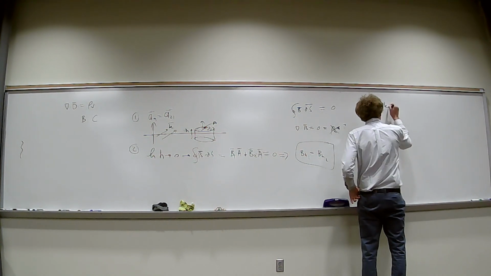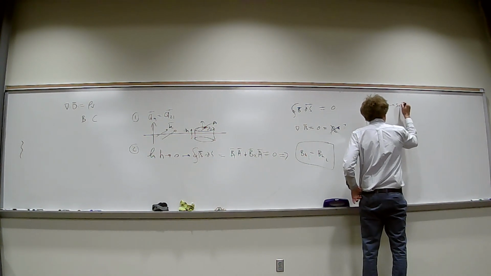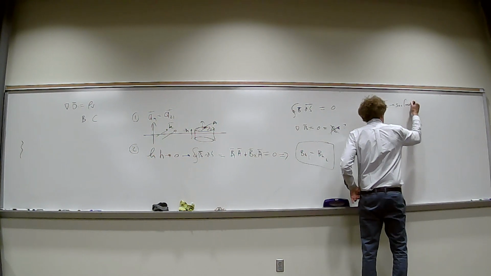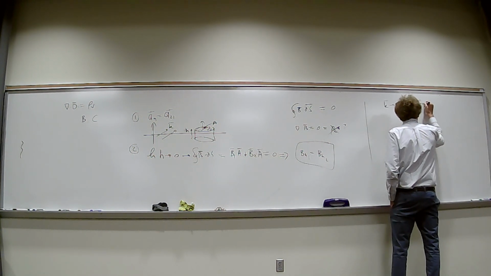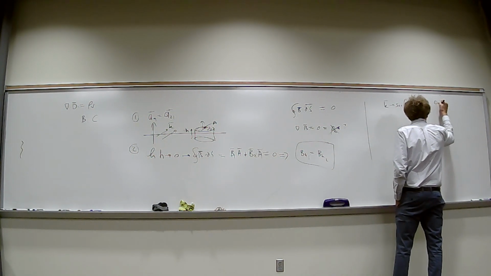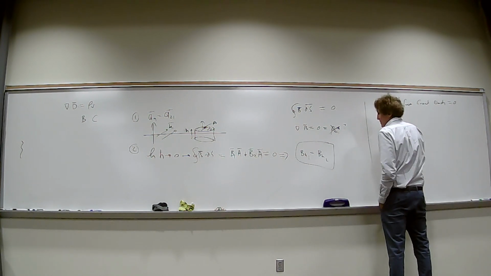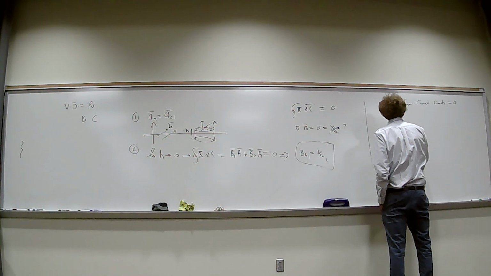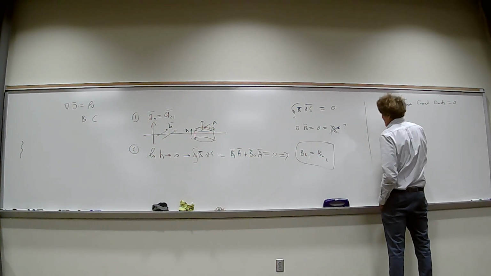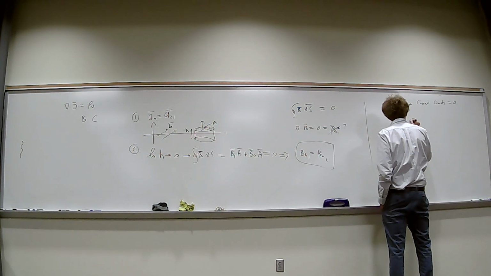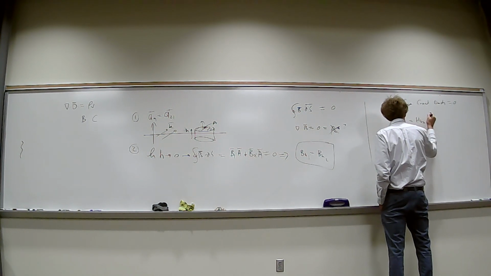If K, the surface current density actually, equals 0, then H tan in region 1 is equal to H tan in region 2.